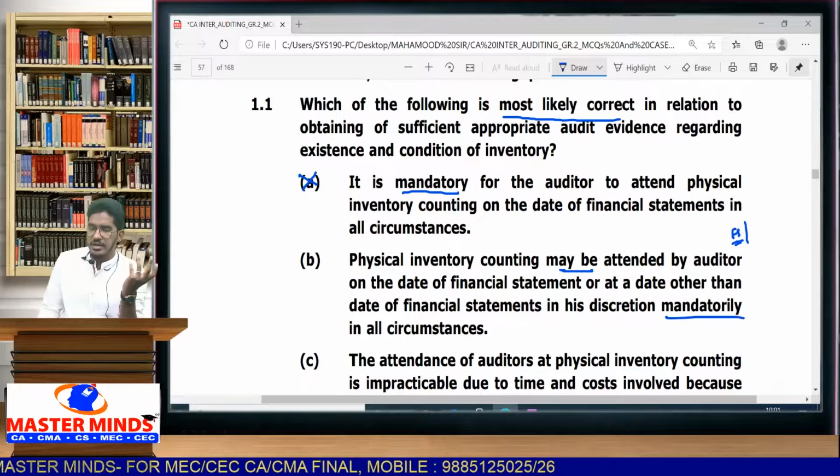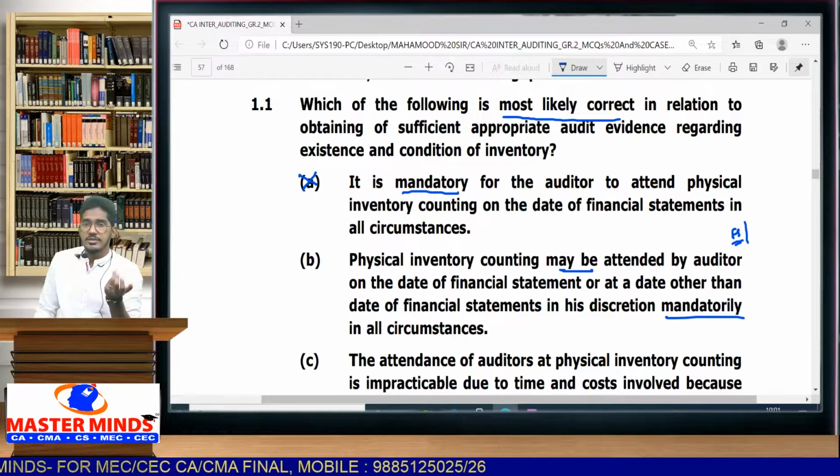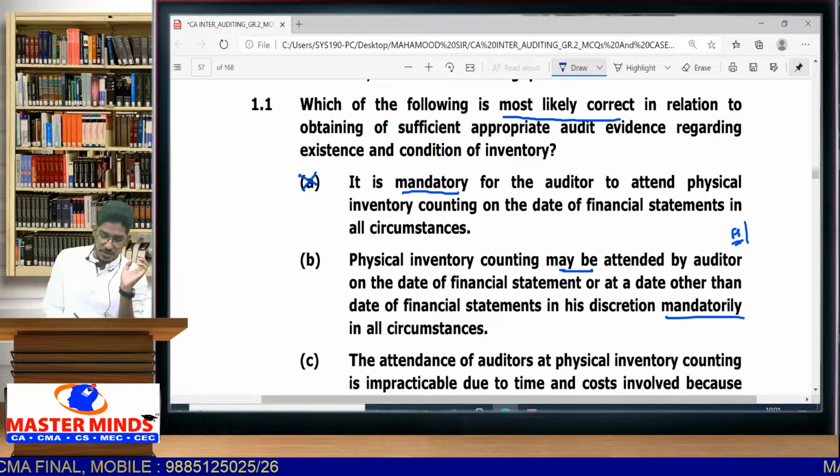Here also they are telling you mandatorily have to attend. Need not. The standard is just telling you to try to attend. That's all. It is not putting any mandatory requirement on you. So this option is also wrong.